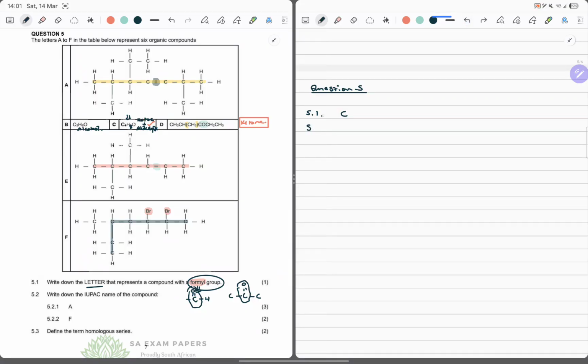5.2. Write down the IUPAC name for the compound. Now, can you see only 2 are asked? So you may have wasted time trying to name all 3. It's just nice to make it light by getting ready. Compound A. So we know that for A, the longest chain is that one.